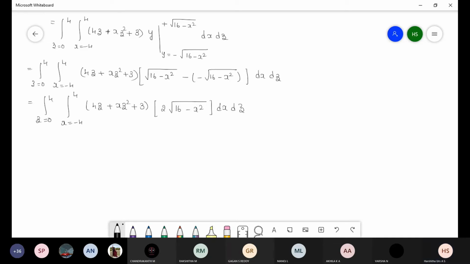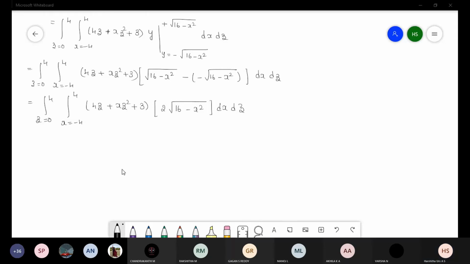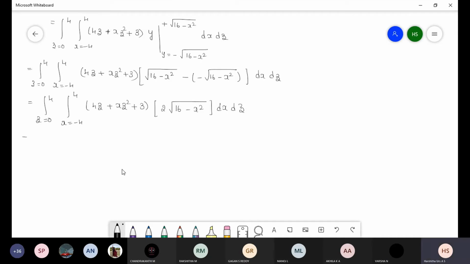Now in the next line, I just write 2 outside. So here I will divide individually. I just write this 2 outside.